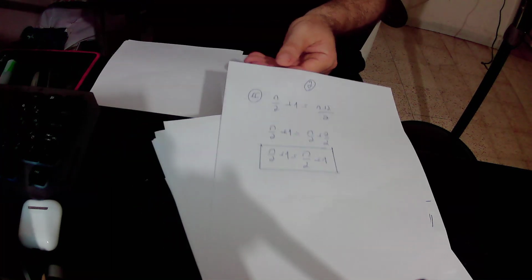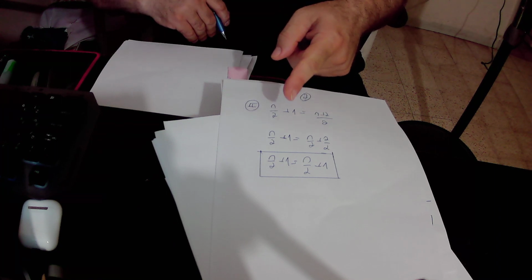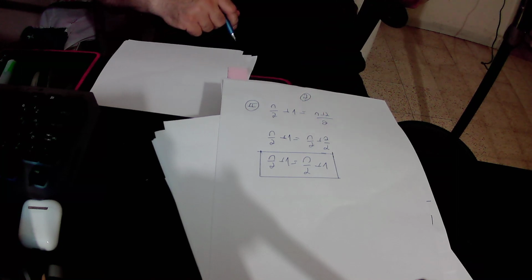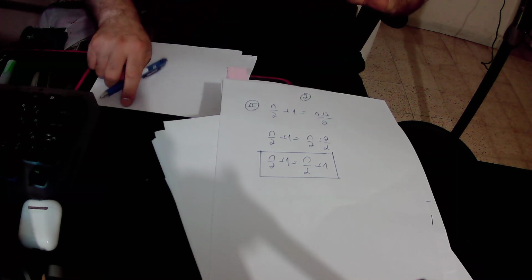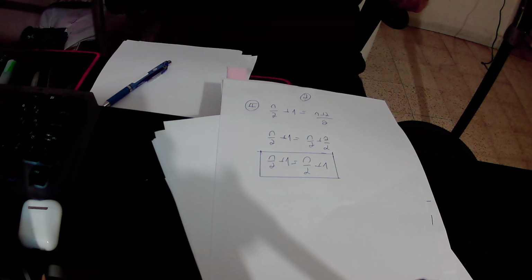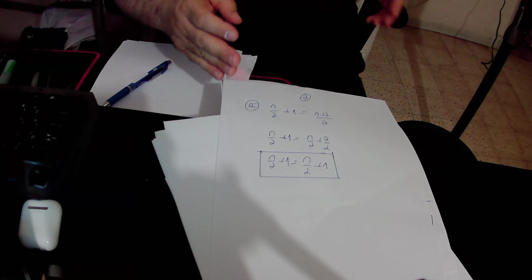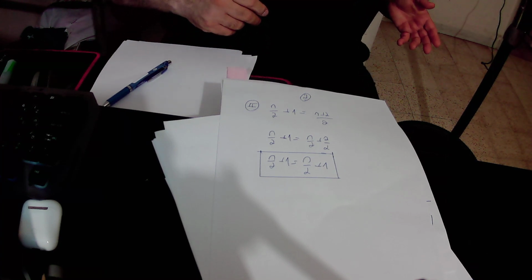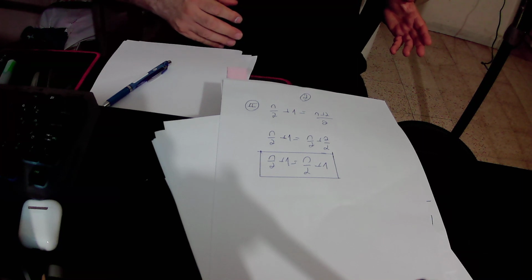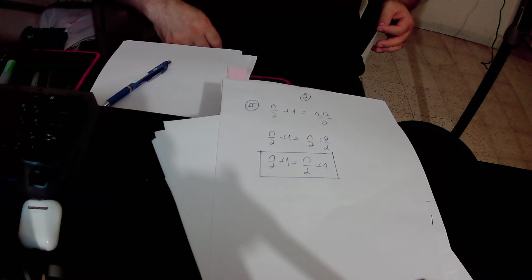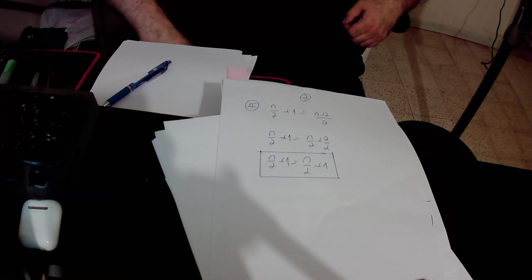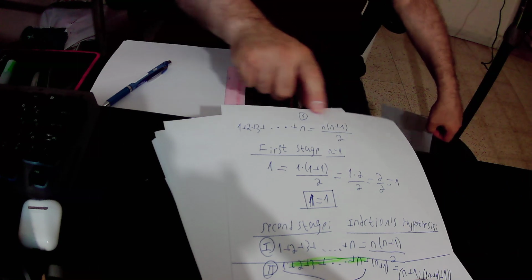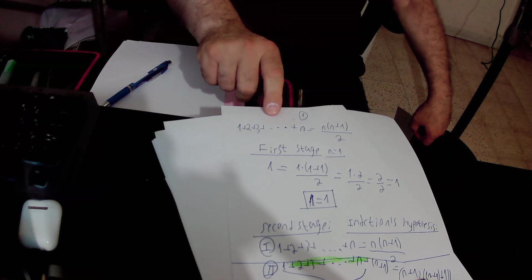So we actually got identity. The right side of the equation equals to the left side of the equation. So we actually proved that the second equation or expression is true. And that's what we needed to prove. And actually in this way we proved that this expression is true for all the natural numbers.